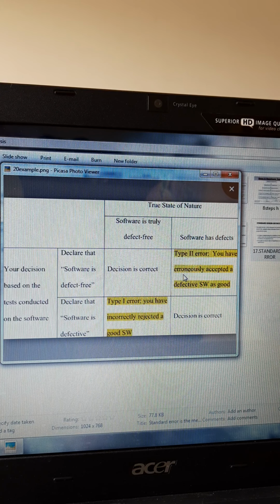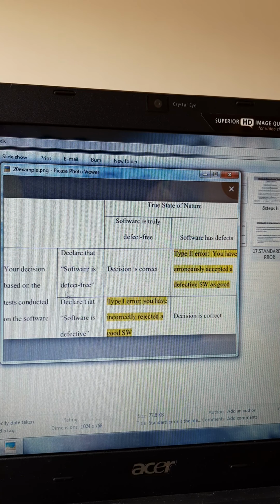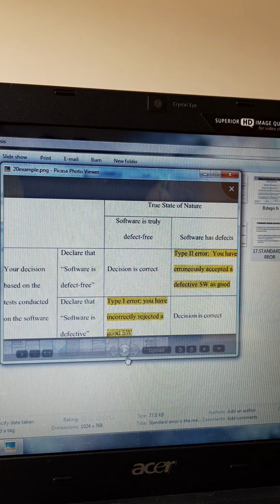You have erroneously accepted a defective software, rejecting this. So type 2 error. Here it declares that the software is defective. But what you have done? You have accepted. So this is another example.